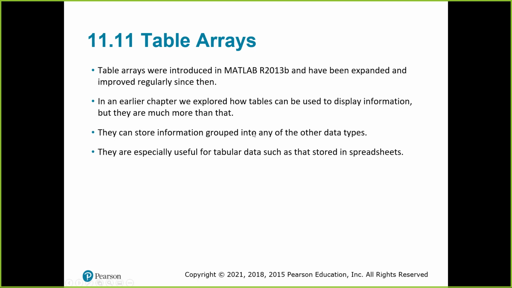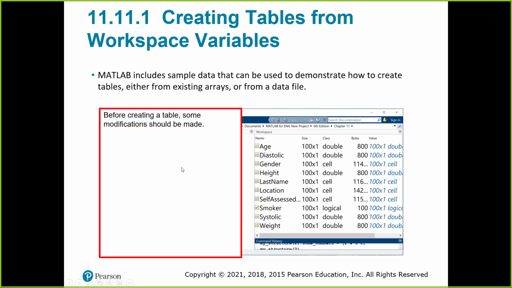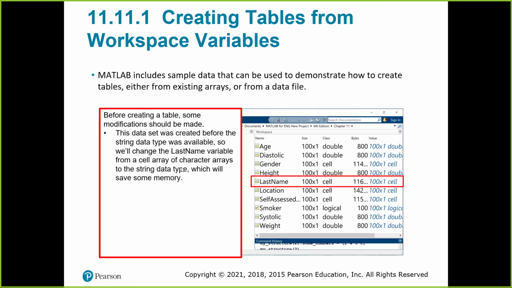They can be stored, grouped into data types, the special use for tabular data, such as that stored in spreadsheets. Creating tables from workspace variables. MATLAB includes simple data that can be demonstrated. So there's a lot of this stuff that you can get. Before creating tables, some modifications should be made to the data set.